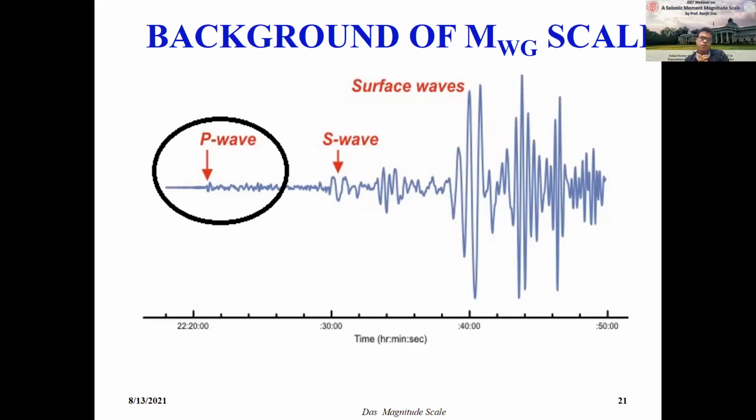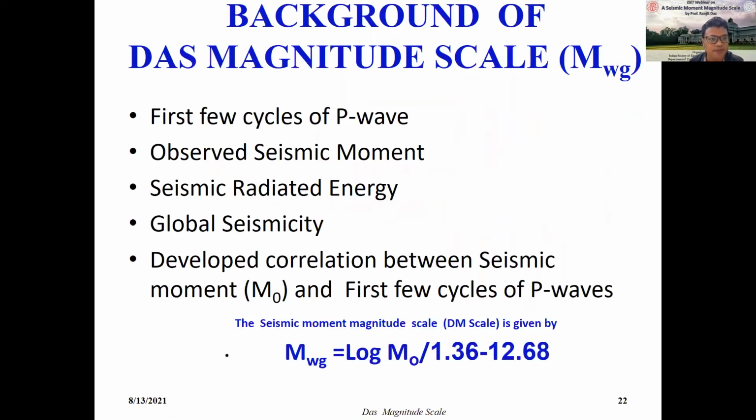MW scale. So previously the scale was derived on the surface waves, considering the surface wave magnitudes. So now we consider the first few cycles of the P waves, the body wave magnitudes only, not the surface waves. So how do we derive these scales? We consider the first few cycles of P waves and consider the observed seismic moment.